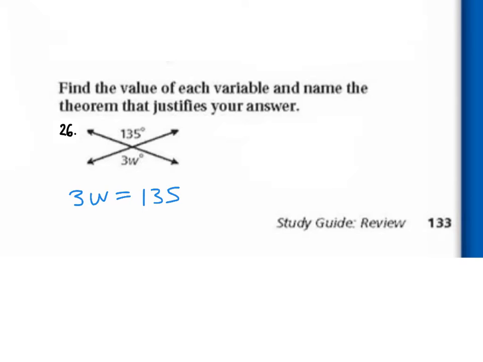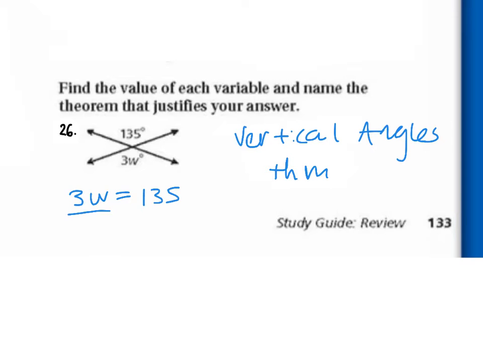Vertical angles. So the vertical angles theorem. So now we just solve for W by dividing 3 on both sides, and we get W is equal to 45.